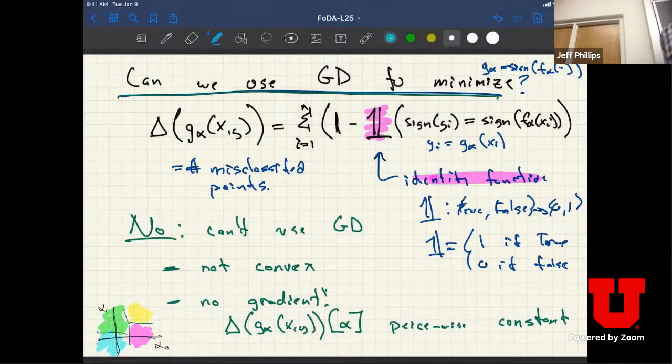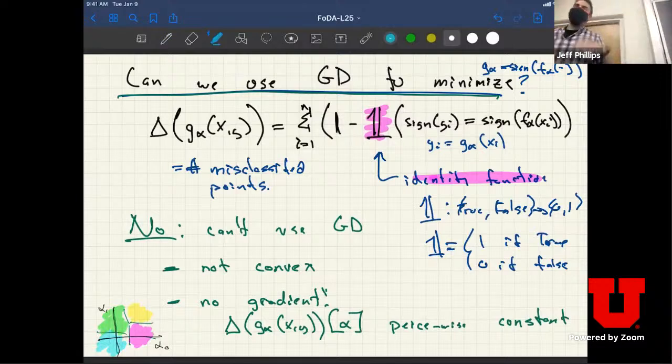Even if there's a minimum, maybe the pink region is the region with the minimum cost, how do I know what direction to go if I'm sitting in the green region? So this function is not compatible with gradient descent, and I can't really use that one either.